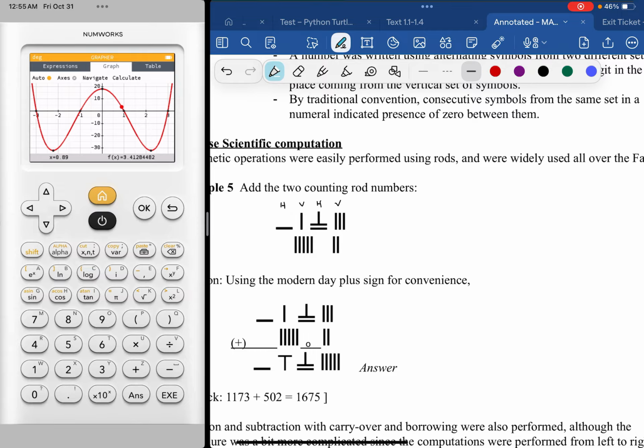So what we would have here is vertical, vertical. If I'm matching up 1, 2, 3 and a 1, 2, that's going to give me 1, 2, 3, 4, 5. Then I'm matching up my 7 with nothing, so that's going to get me a 7.